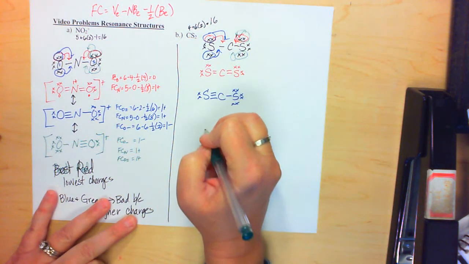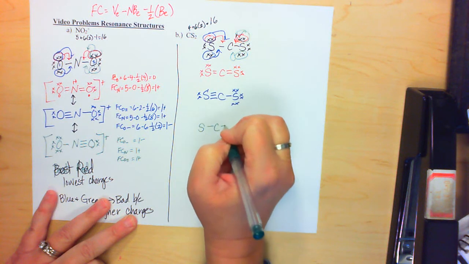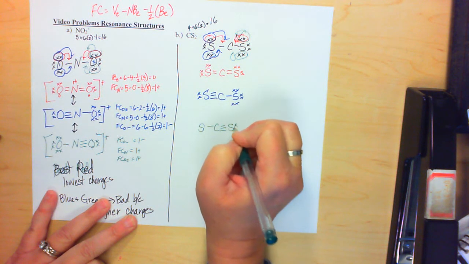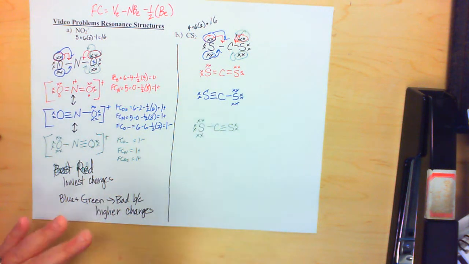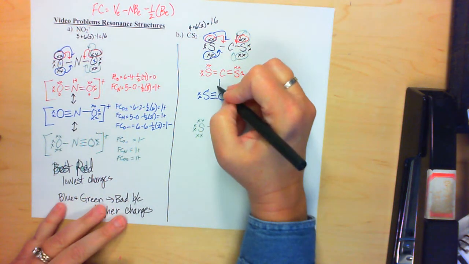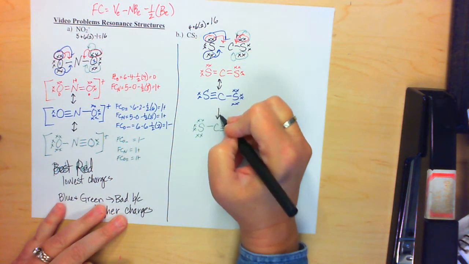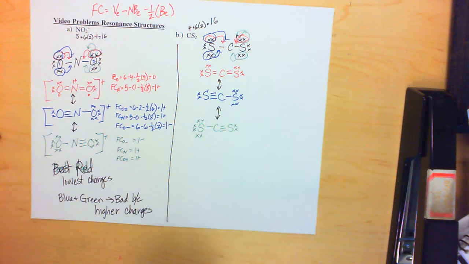So instead of having the triple bond on the left, I'll have it on the right. Again, once my resonance structures are drawn, and you can do this ongoing or at the end, make sure you put in the resonance arrows. Now, that means that when we look at this, we're going to look at the formal charges.